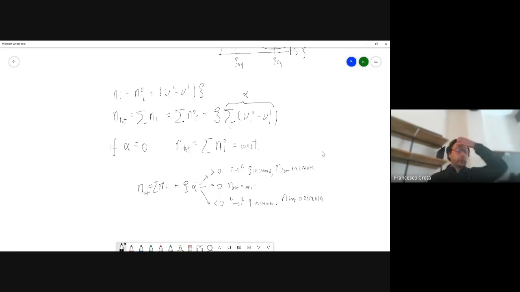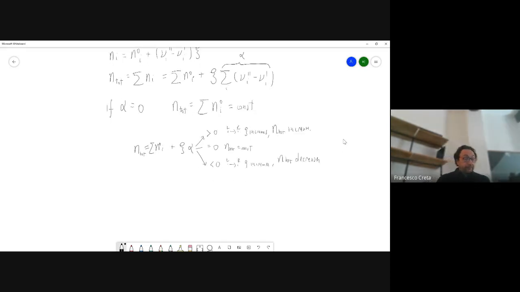Why is this important? Well, look at the equation of state. You have that pressure is equal to number of moles, okay?